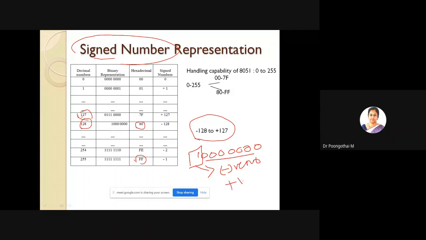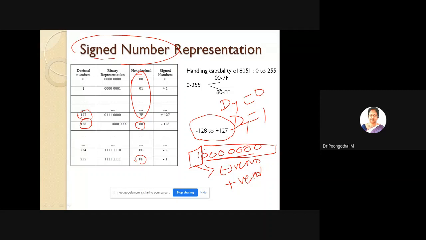Otherwise it is a positive number. For all positive numbers, the D7 bit is always 0. In case of negative numbers, from 80 to FF, D7 is always 1. So D7 holds the sign and the remaining bits represent the magnitude of the number.